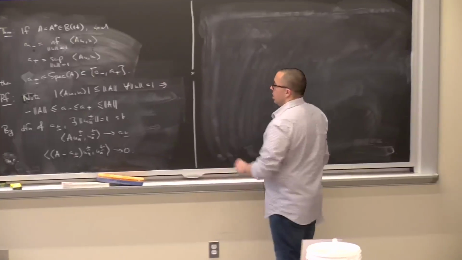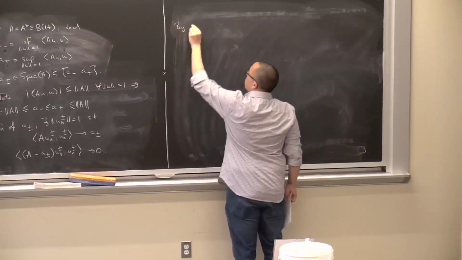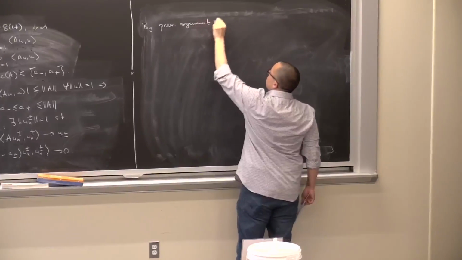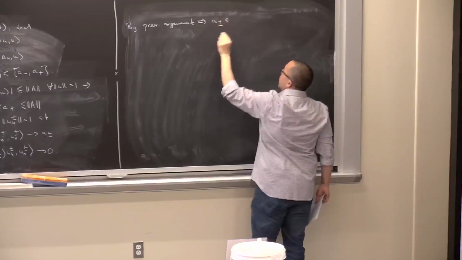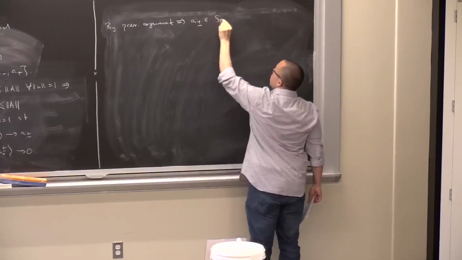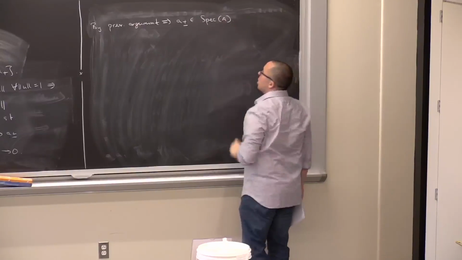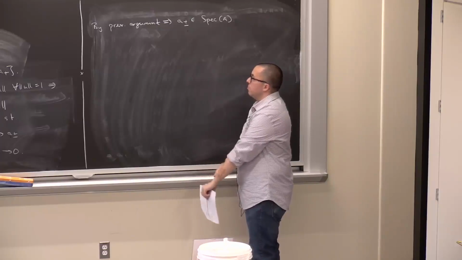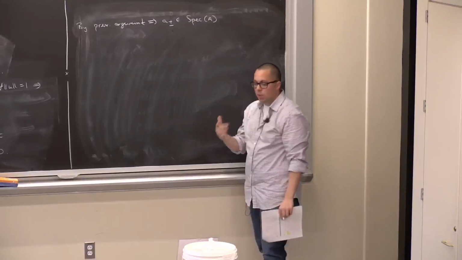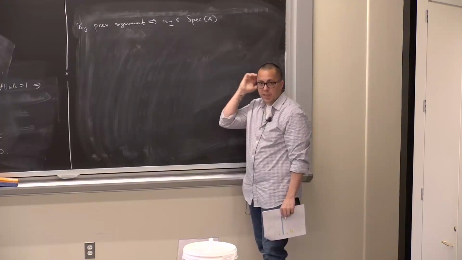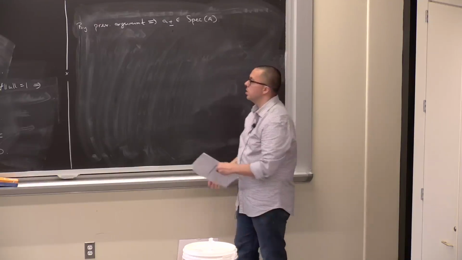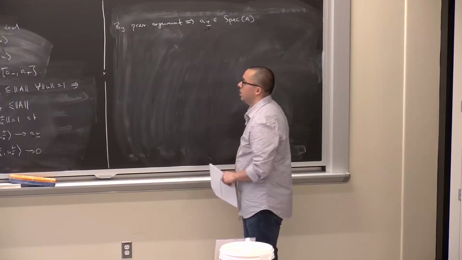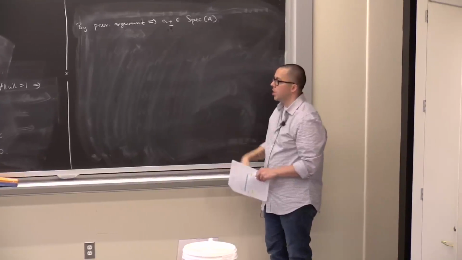Okay? So by the previous argument, we get that both A plus and A minus are in the spectrum of A. Before, I just want to emphasize, we could only say that at least one choice of plus or minus the norm of A is in the spectrum. Here we're saying both of these numbers are in the spectrum. So now what remains is to show that the spectrum is in fact contained in this interval from A minus to A plus.